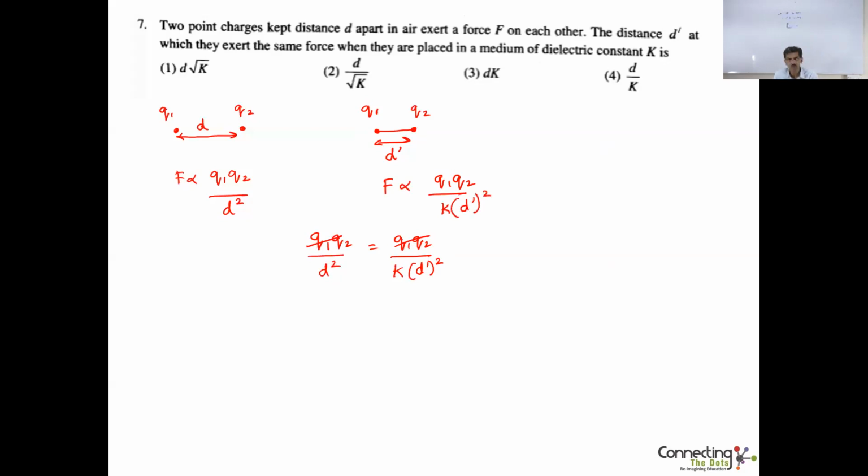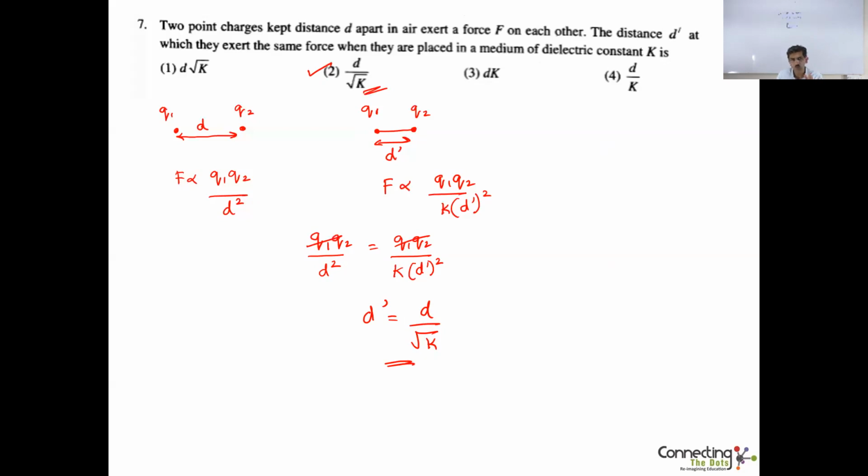So this will lead us to a relationship between d dash and d. By simplifying this, you will say d dash is equal to d by root K. And that is our answer. This one, option 2, is the answer for this question. So what happens is, first the charges Q1 and Q2 were in air, and they were at a distance of d from each other.